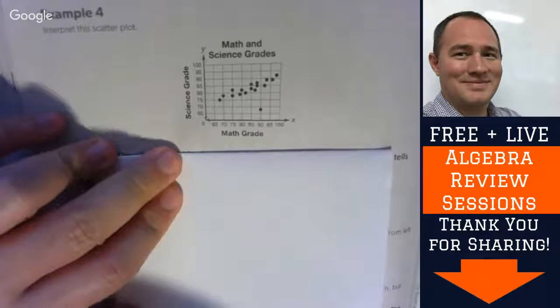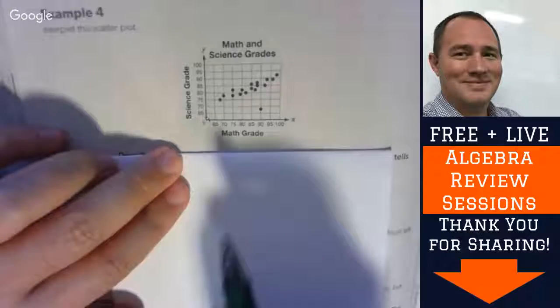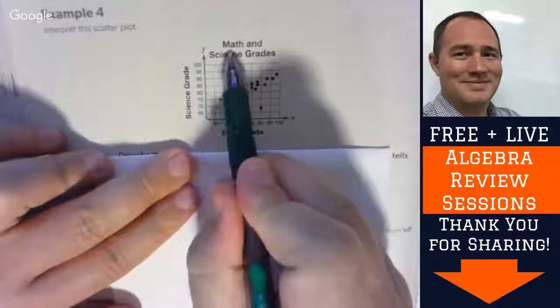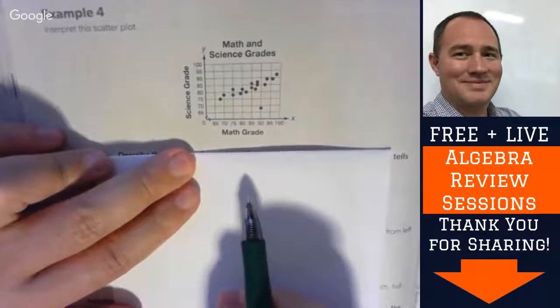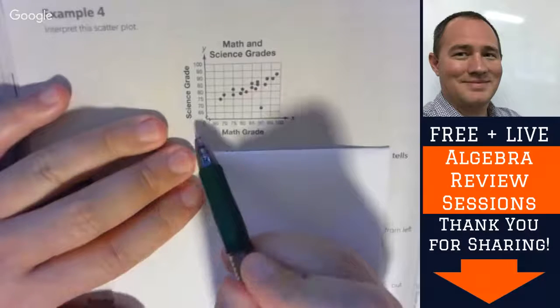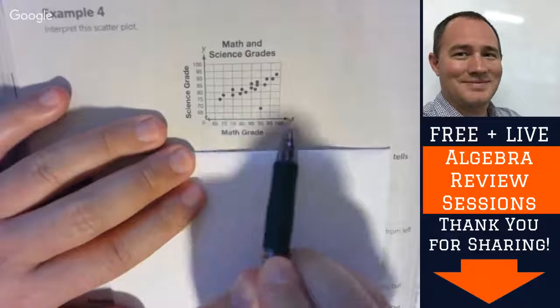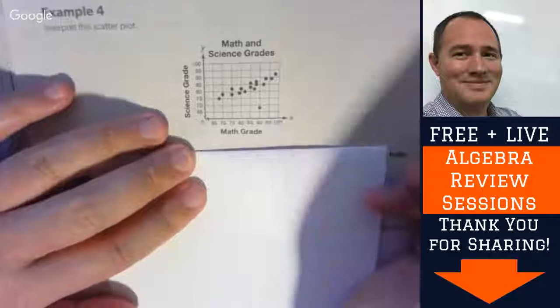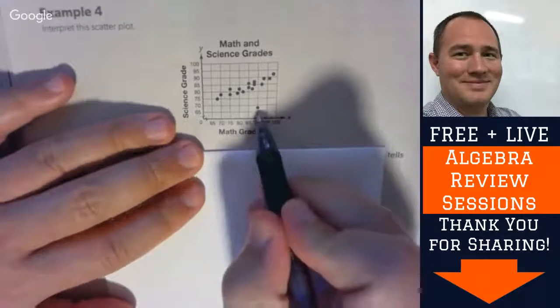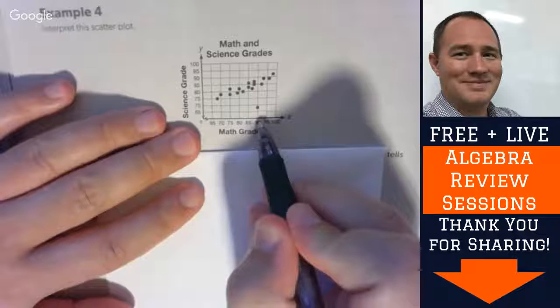So if we look at each of these points as a student taking math and science, the higher we go up here, that's their science grade, and the higher we go to the right, that's this particular person's math grade. So let's look at this outlier just to practice on this one.